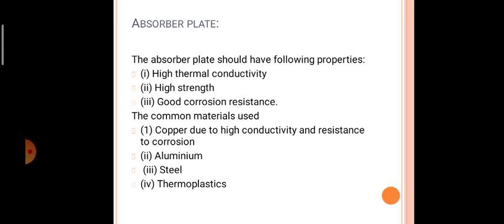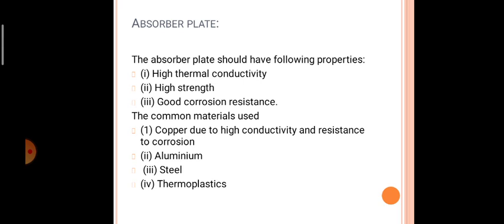Even at a high temperature of 70 degrees Celsius, because as the sun radiation falls continuously onto the absorber plate, the plate gets heated, reaching a temperature of 70 degrees Celsius or so within 2 hours.